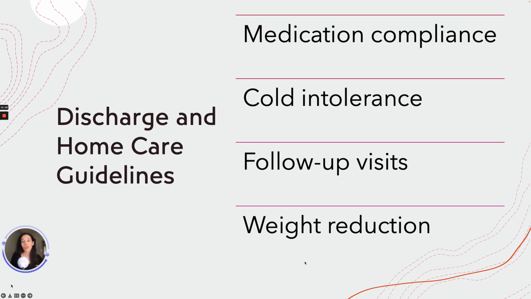So our discharge and home care guidelines should include medication compliance, and we need to teach the patient that medications will be taken lifelong. Also cold intolerance, so we need to remind them to avoid extreme cold temperatures until their condition is stable. Want to make sure there's a follow-up visit, and we want to discuss strategies for weight reduction and prevention of constipation, such as high fiber, low calorie intake, and adequate fluid intake.